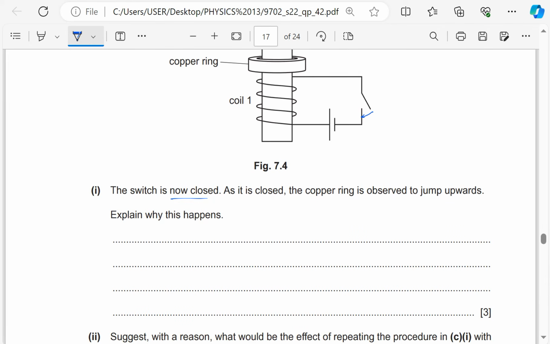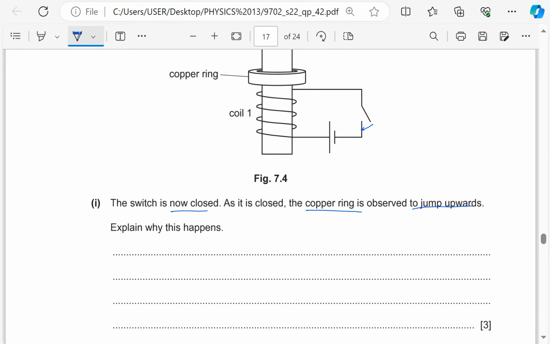The switch is now closed. As it is closed, the copper ring is observed to jump upwards. Explain why it jumps. Of course, closing is going to create a change in magnetic field from 0 to a certain maximum value, and by Faraday's law, there will be an induced EMF. So the switch is now closed, so there is a changing current.